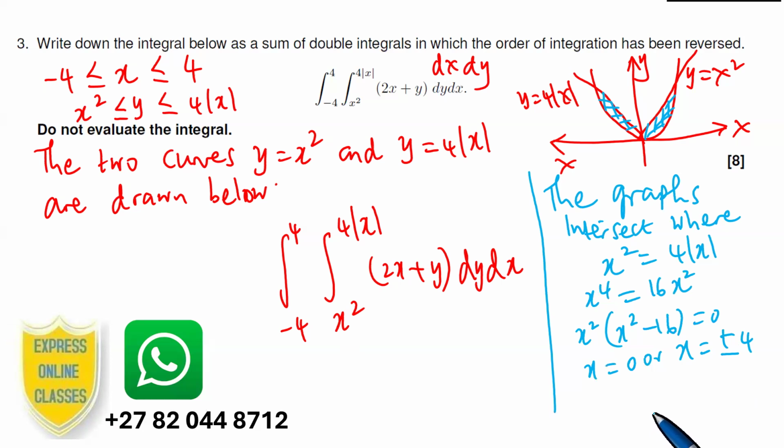Looking at this, we're able to see that when x is 0, y is 0. Whenever x is 4, y is 16.